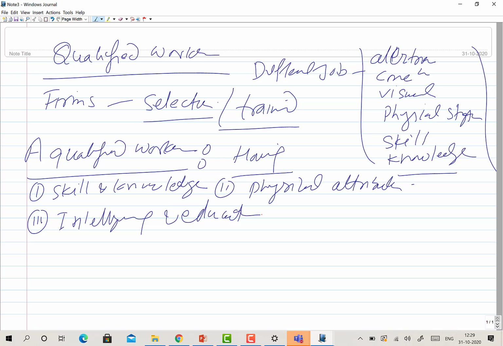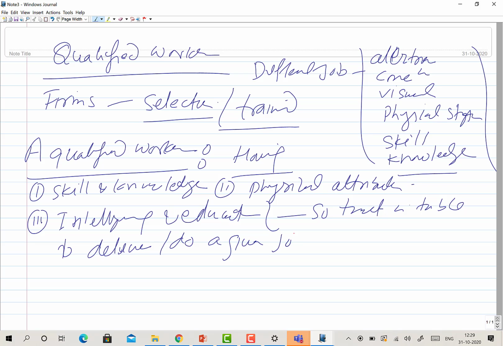Okay, so if someone is having these at the same time, any worker having these things, so that he is able to deliver or do a given job with the standard quality and quantity.